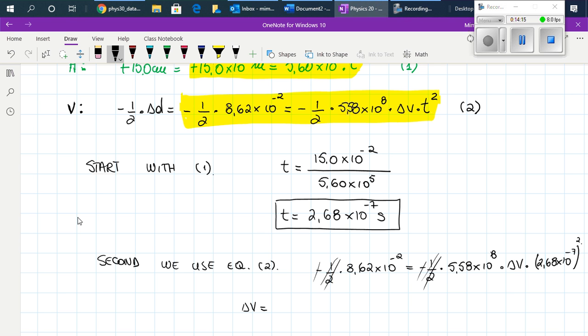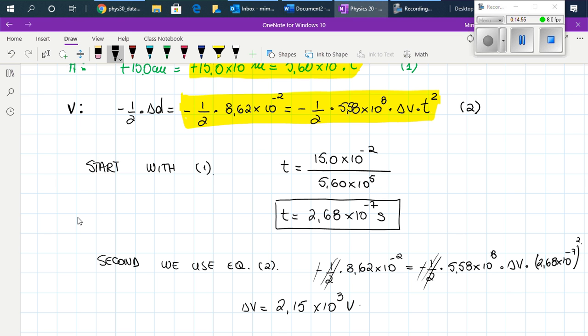So we can go 8.62 times 10 to the power of negative 2 divided by, open brackets, 5.58 times 10 to the power of 8 times, open brackets again, 2.68 times 10 to the power of negative 7, the whole thing to the power of 2. And this will be 2.15 times 10 to the power of 3 volts.